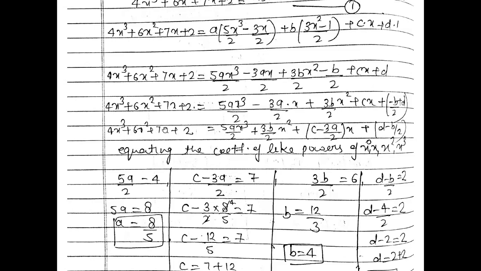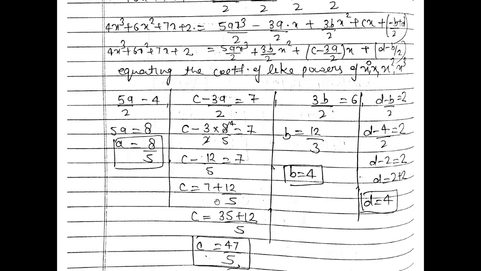The coefficient of x square is 3b by 2, which equals 6. And d minus b by 2, the constant coefficient, is equal to 2. So we are getting a is equal to 8 upon 5. When you put the value of a here, you will get c is equal to 47 by 5, b is equal to 4, d is equal to 4. After solving these equations, you will get a, b, c, d.